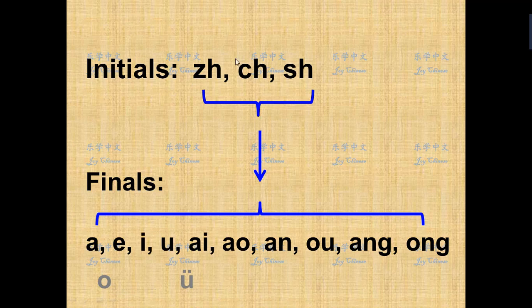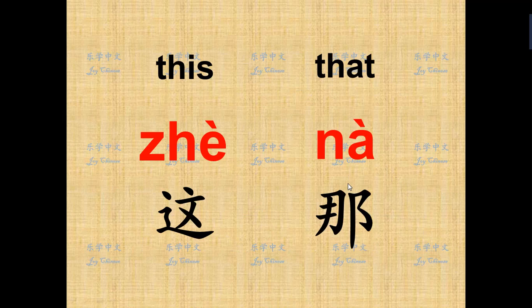So remember, zh, ch, sh can be pronounced together with the top ones. How could these two be combined? Actually, if you try to combine these together, you will figure out it's impossible. It's very hard to pronounce these two together. I picked several important ones for you to learn in this video.